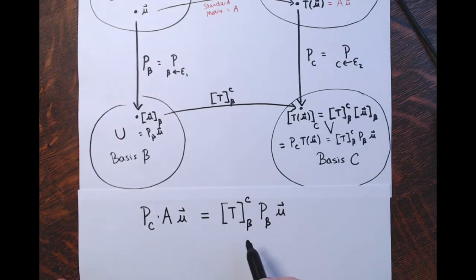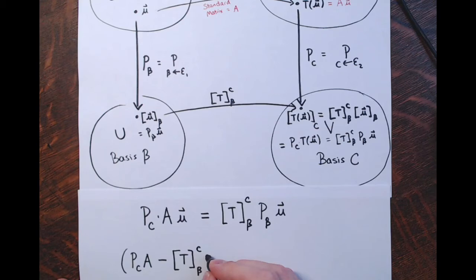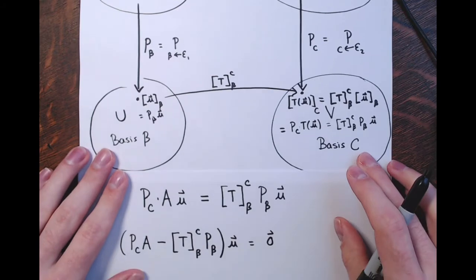And so what we're seeing here is that if I subtract things from both sides and factor out the U, PC times A minus our matrix representation times PB would be equal to the 0 vector.